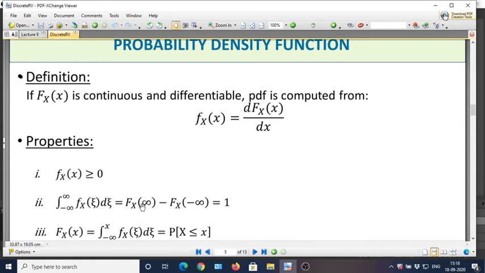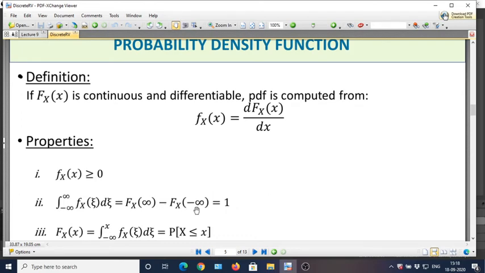Then if you perform an integration of fx of x over the entire real axis, that is minus infinity to plus infinity fx of xi d xi, then we can apply the end conditions. It becomes the CDF evaluated at plus infinity minus the CDF evaluated at minus infinity.